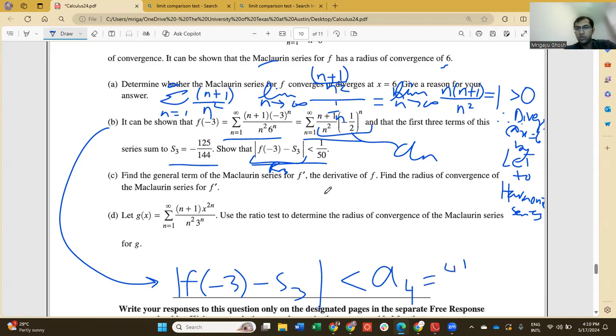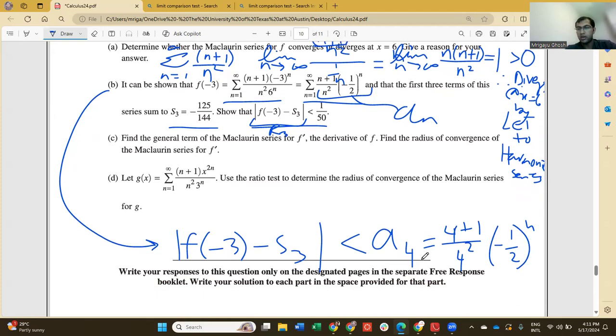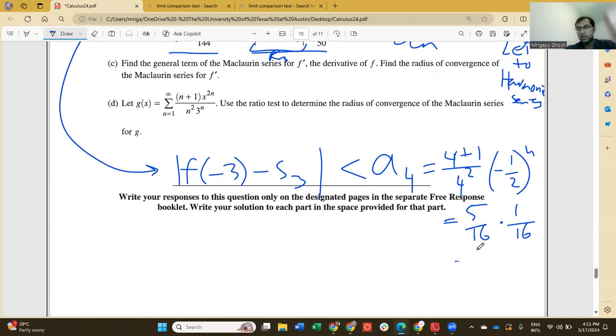So I get 4 plus 1 over 4 squared times negative 1/2 to the fourth power. Let's see what I get. I get 5 over 16 times 1 over 2 to the fourth, which is 16, I believe. And we know that 16 times 16 is 256.